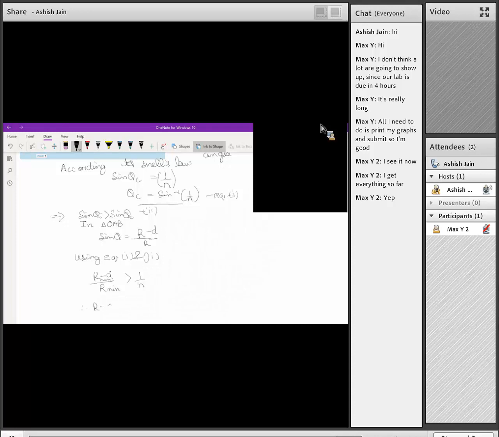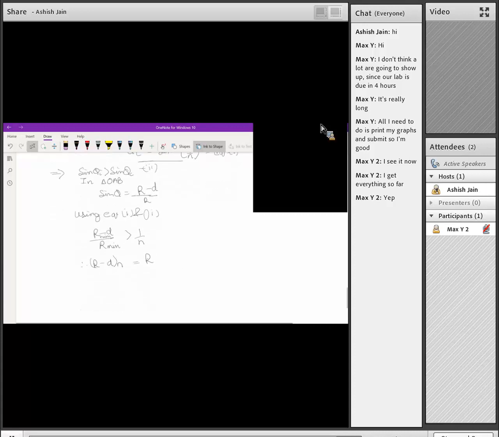Therefore, R minus D into n into R, and I can say nd equals Rn minus R. No, there's a greater than sign, so this will be the opposite way.